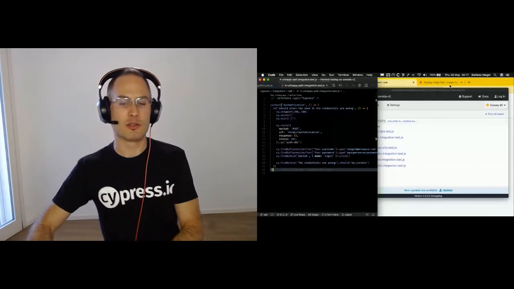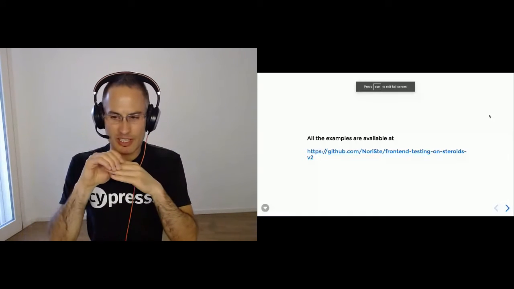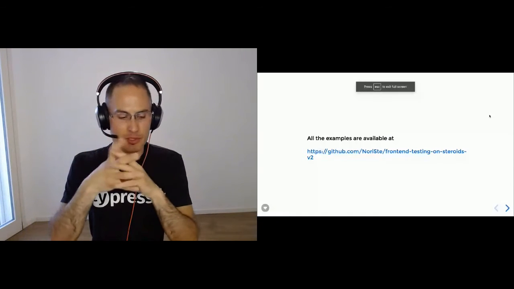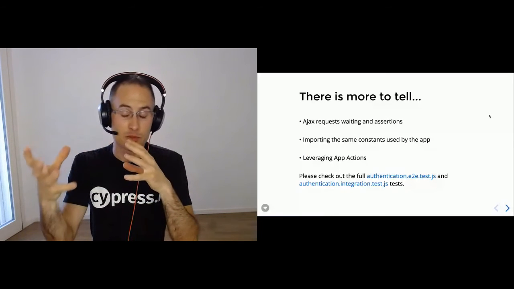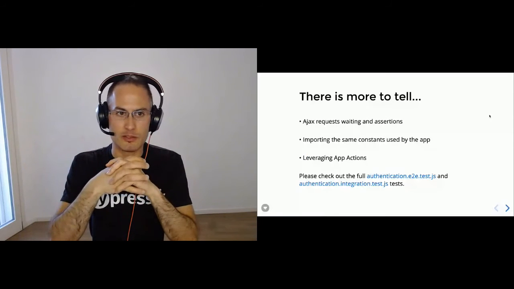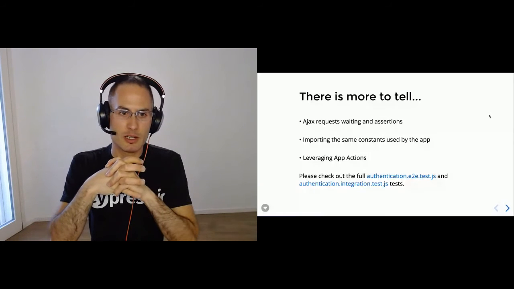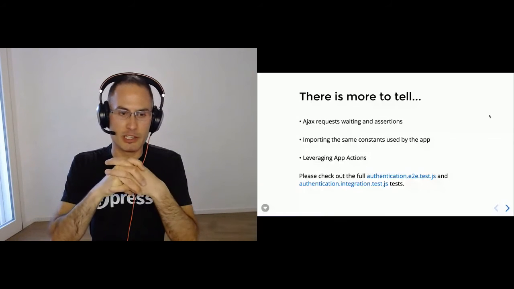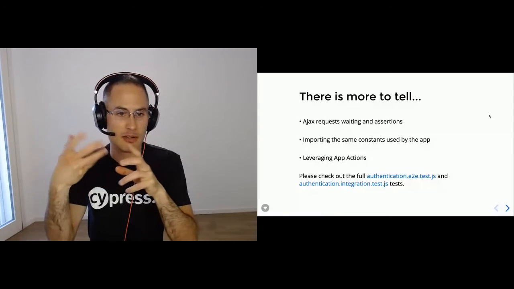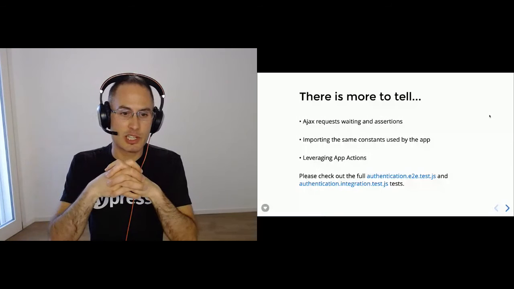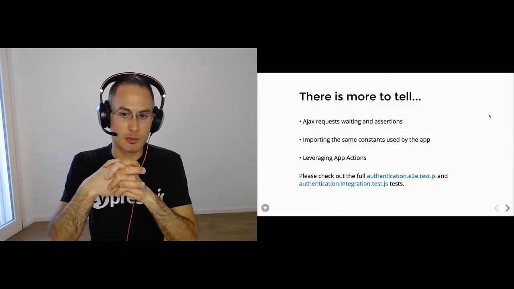Okay, now you can go back to watching both my face and the slides. And obviously, I told you about the most important features of Cypress related to productivity, but there are a lot of things to tell more. For example, intercepting and checking that the AJAX requests have the correct payloads, and leveraging app actions to improve the test speed.